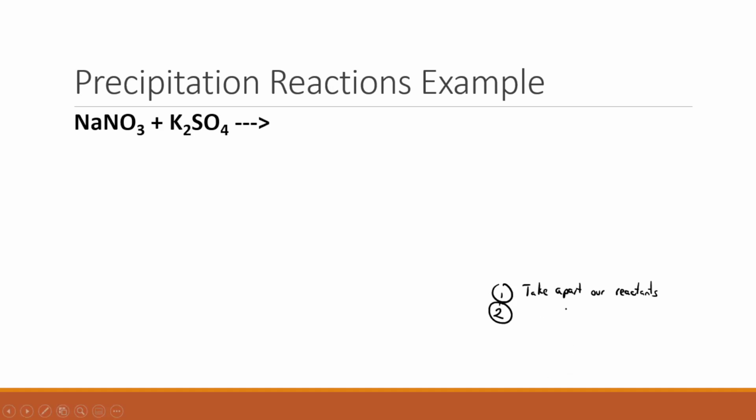It's a double replacement reaction, so our positives need to swap places, or our negatives need to swap places. Third, we need to put our products back together. We took them apart, we looked at the ions that were there, we swapped them. Now we need to recreate compounds. We need to put back together our products.